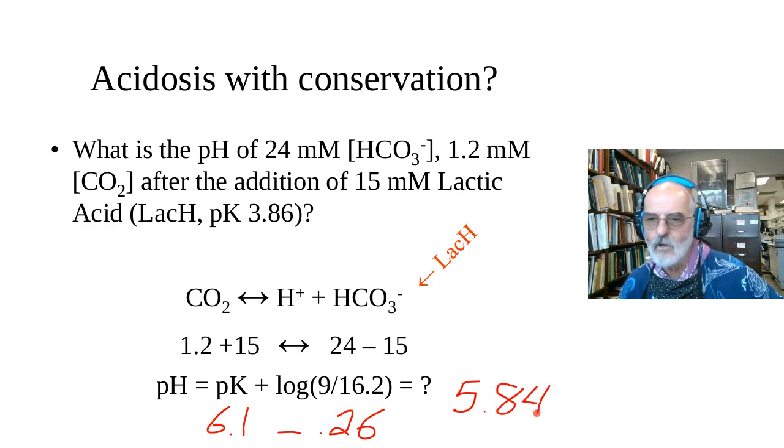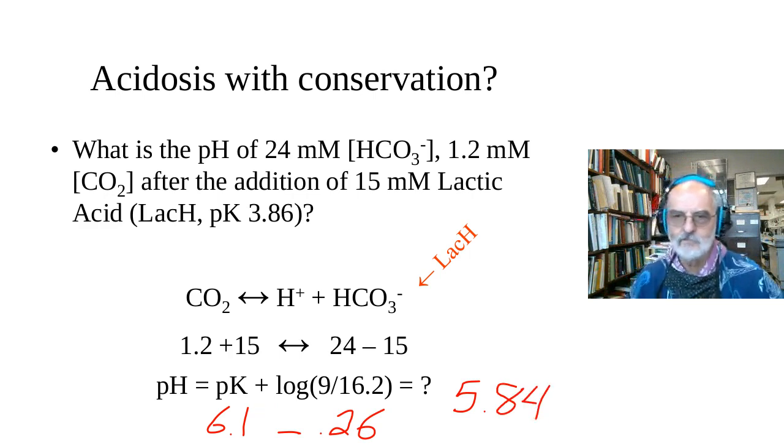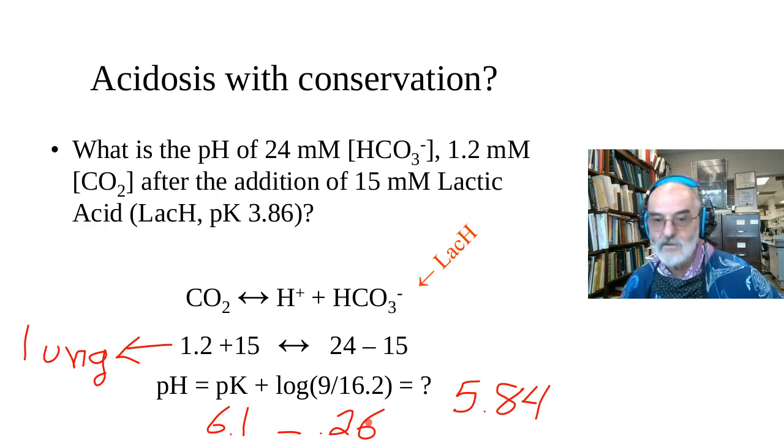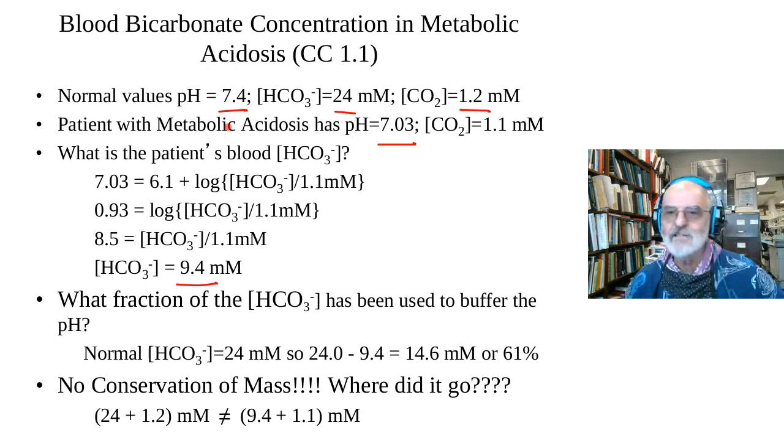So in a situation where there's no way of getting rid of the CO2, you can't exhale it through the lungs, the pH would go down dramatically, to less than the pK, because we're now on the acid side of the pK. In the problem up above, I say that this person has metabolic acidosis.